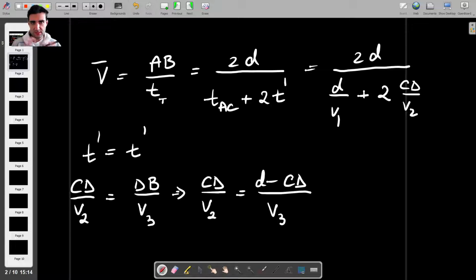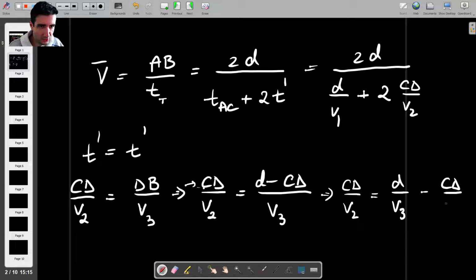Because dB is d minus this cd that we have here. The reason I wrote it like this is because I wanted to get an expression for cd out of it in terms of lowercase d. So let's work out the maths here. We have the first fraction, which is cd over V2 equals d over V3 minus cd over V3.